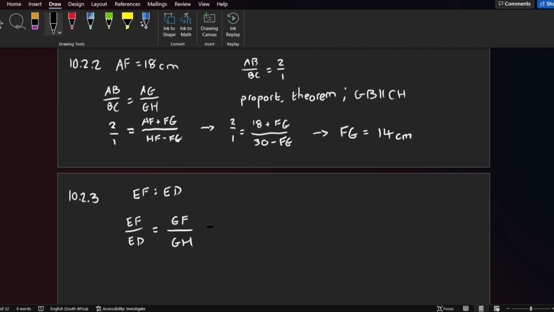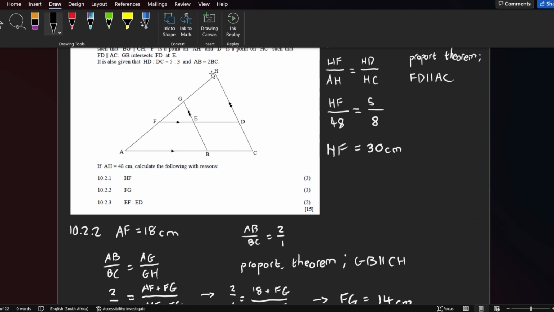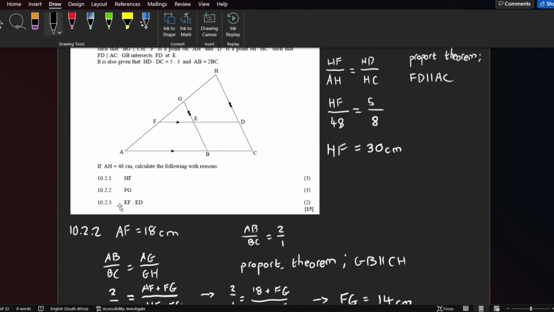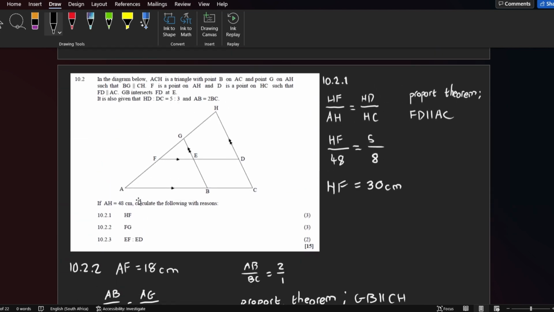And we calculated GF to be 14, and GH will be HF minus FG. So HF is 30 minus FG, which is 14. 30 minus 14, and that leaves us with a ratio of 7 to 8. And we have solved for the ratio EF to ED.